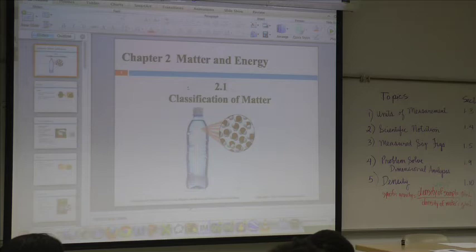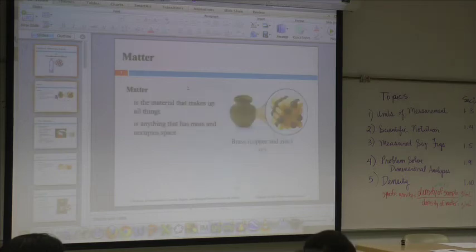So we want to classify matter accordingly. We could have, say, this solid brass that's made out of copper and zinc, and we call brass, right?